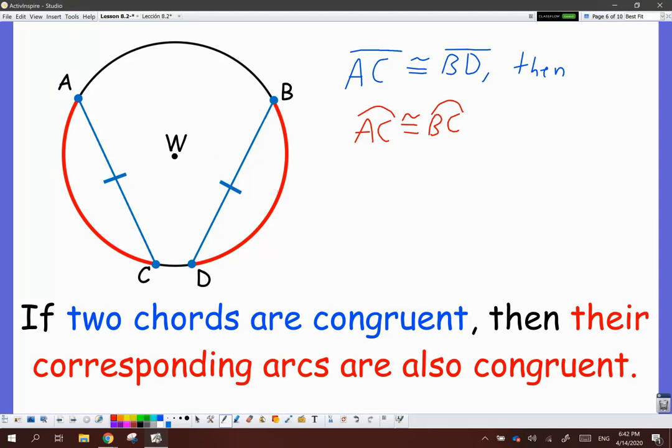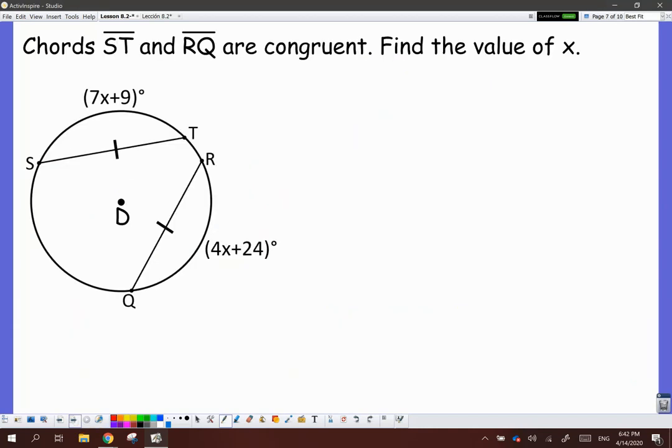Now we can use this property for some applications where we're finding missing values. For example, take a look at this problem. Chords ST and RQ are congruent. So we know that these two chords are congruent. We have the tick mark that shows us. We need to find the value of x. Since the two chords are congruent, their corresponding arcs are also congruent, this arc and this arc.